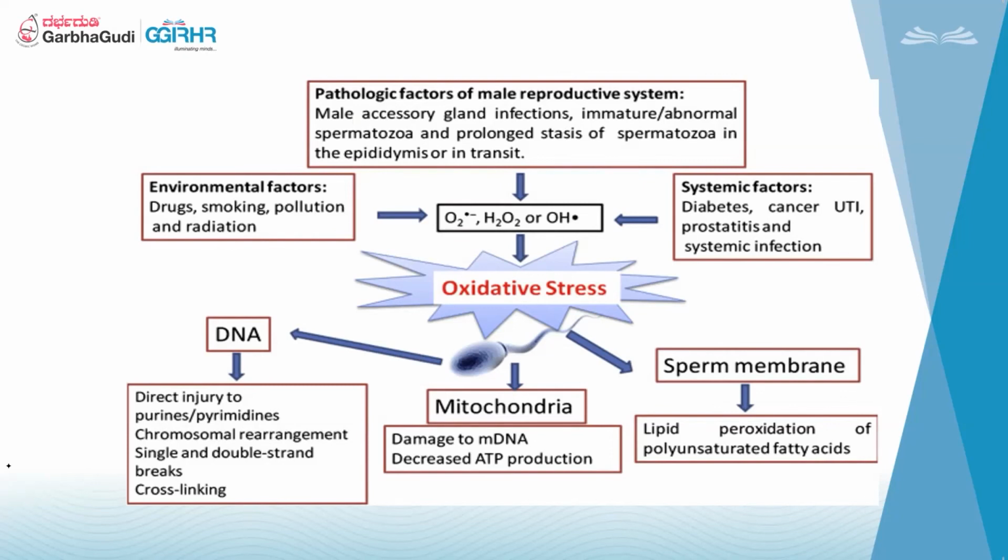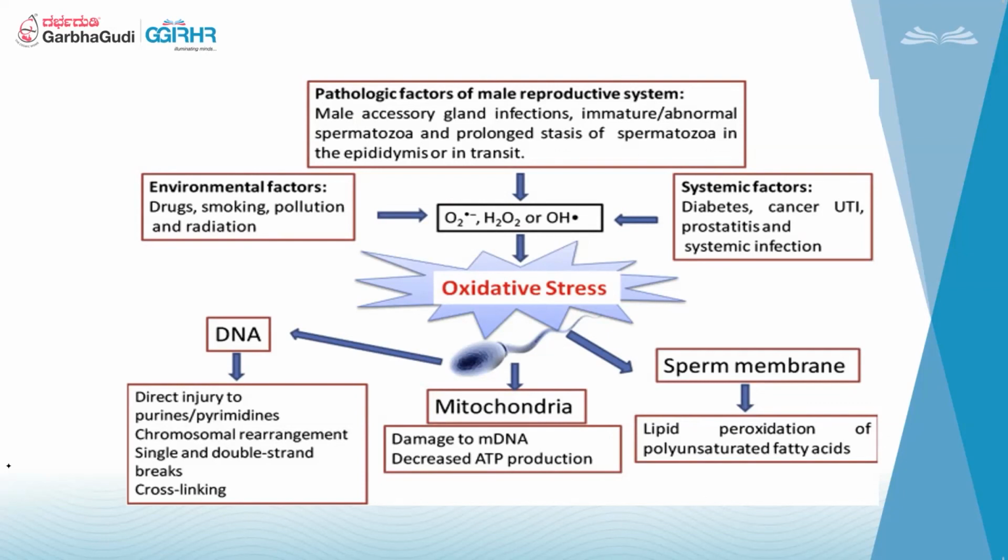Similarly, environmental factors like drugs, smoking, pollution, radiation, and systemic diseases like obesity, diabetes, cancer, and recurrent infections all lead to formation of these reactive oxygen species, leading to oxidative stress.